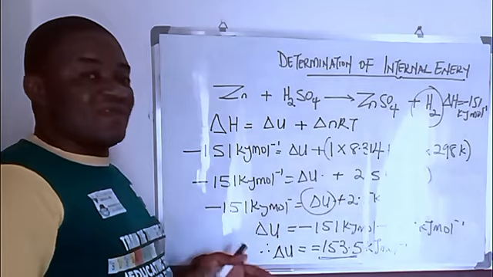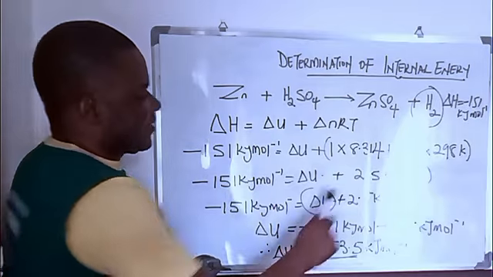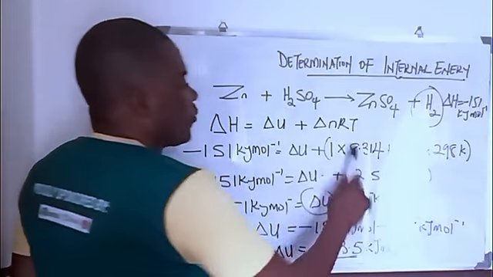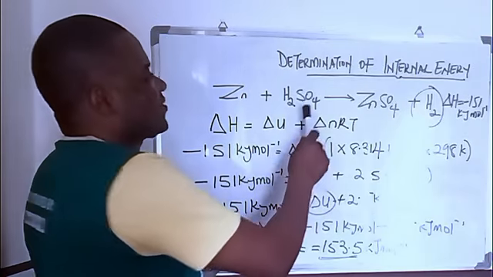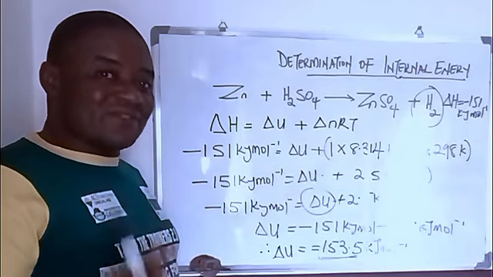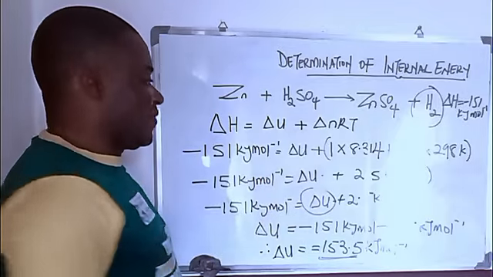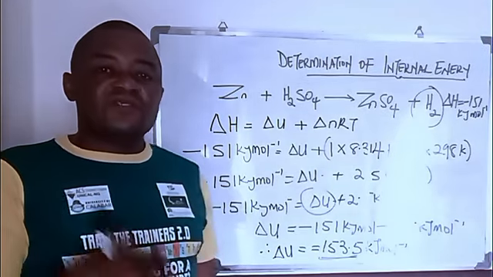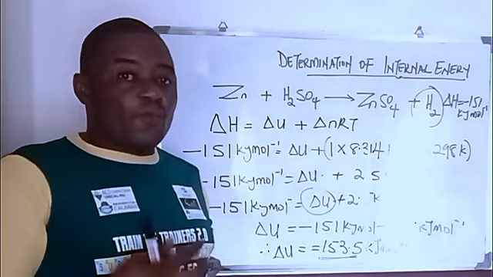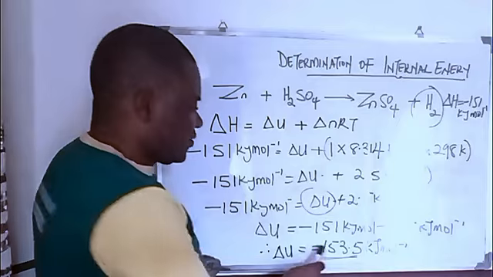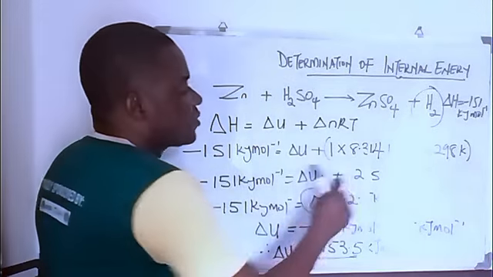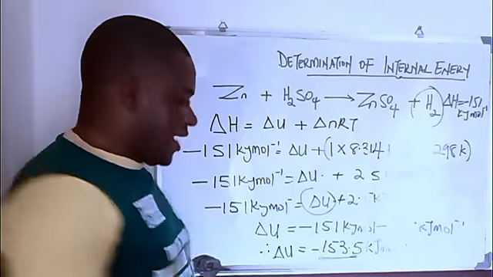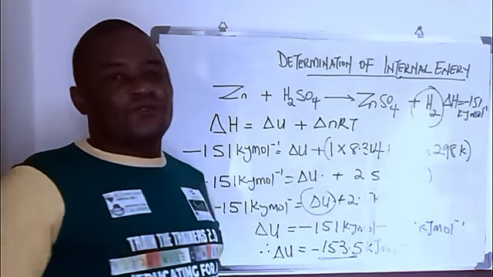Now, what does this mean? This means that the 2.5 kilojoule per mole that you obtain from this is actually the work done in this particular reaction. That means that the internal energy which this particular reaction had or possessed in order to perform work is minus 153.5, but the work done itself that has been performed out of this internal energy is 2.5 kilojoule per mole.